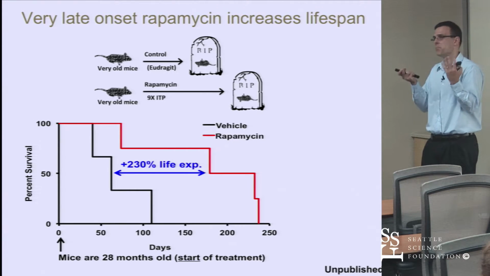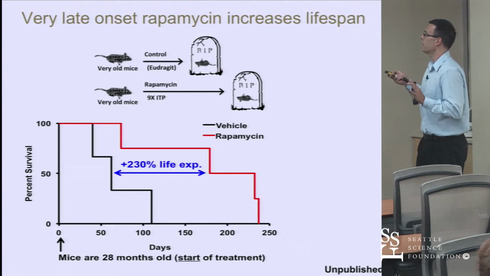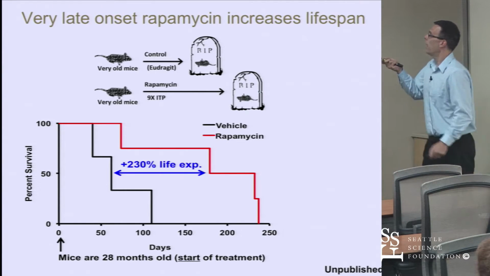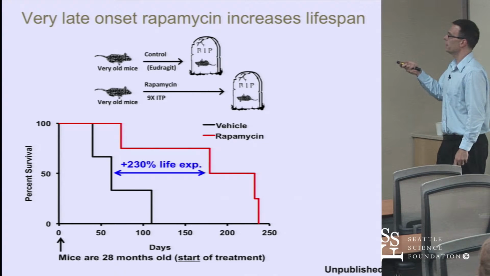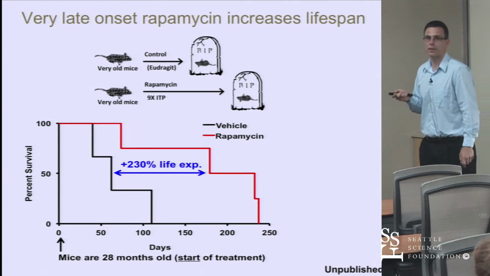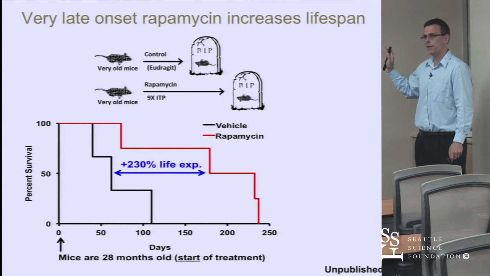So this might be, I don't know, 75 years roughly in people if we were to try to do the extrapolation, 80 years maybe. And they either get a control diet, or this is now dietary delivered rapamycin in the diet. And so what you can see here is that the treated mice have about a 200% increase in life expectancy relative to the untreated mice. So this is, again, a preliminary study.